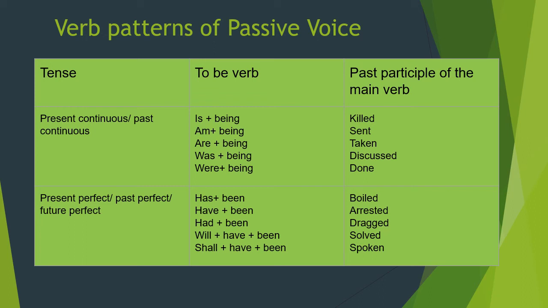If the tense is past perfect, then had plus been plus past participle. Singular and plural both have the same past perfect, that is had. If it is future perfect, will plus have plus been plus past participle, or shall plus have plus been plus past participle.